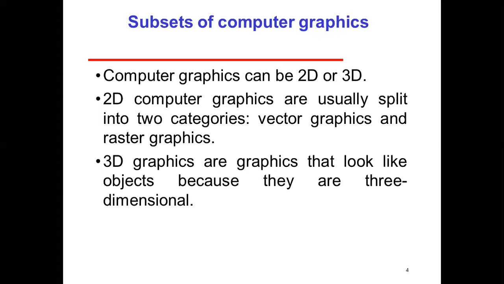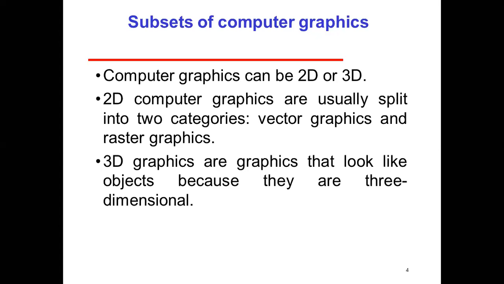2D computer graphics are usually split into two categories. The first is called vector graphics and the other is called raster graphics. 3D graphics are graphics that look like objects because they are three-dimensional. In three dimensions, you already know that we get the perfect picture.